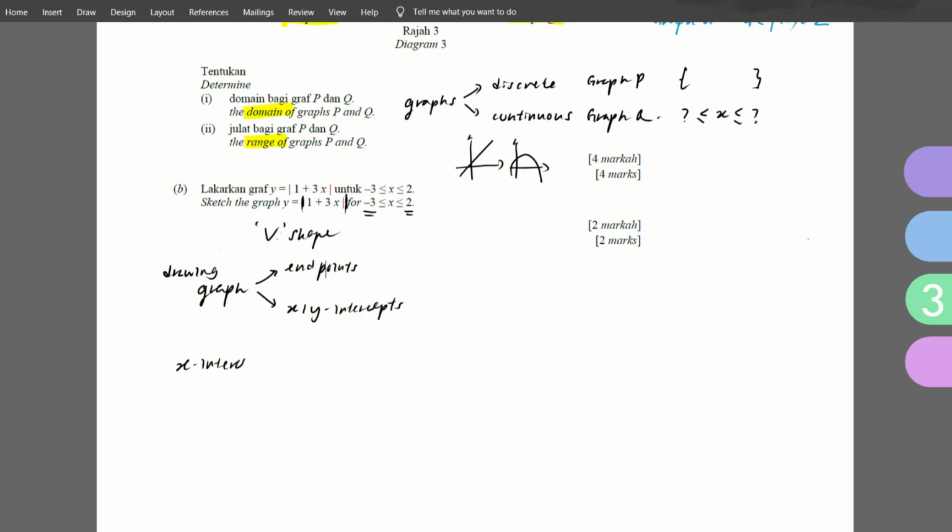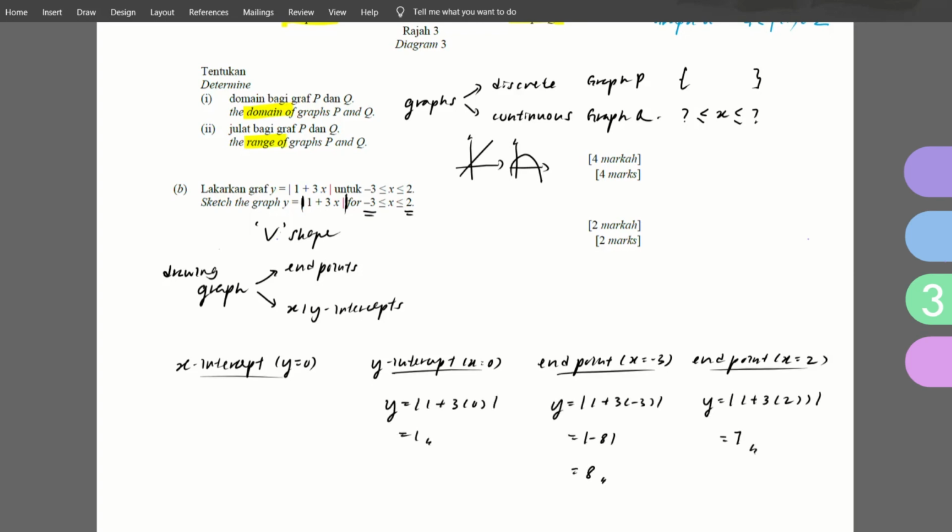The first one would be the x-intercept. We can find x-intercept by letting y equals to 0. For y-intercept, we can put x equals to 0, and for the first endpoint, you can consider x equals to minus 3, and the other endpoint, we can consider x equals to 2.